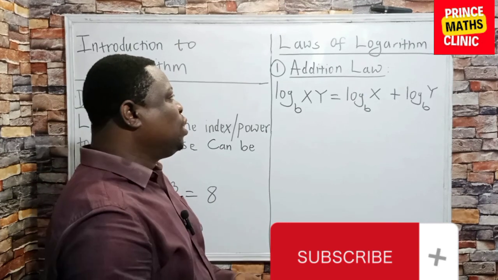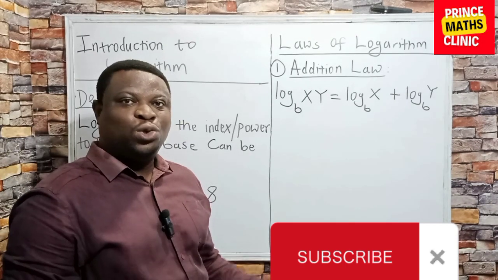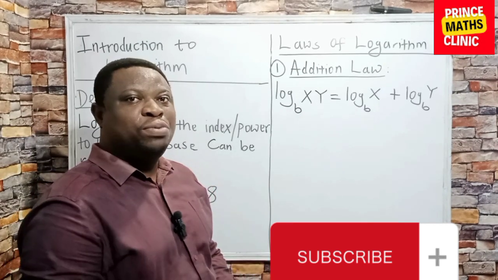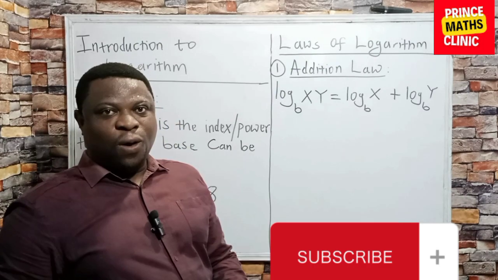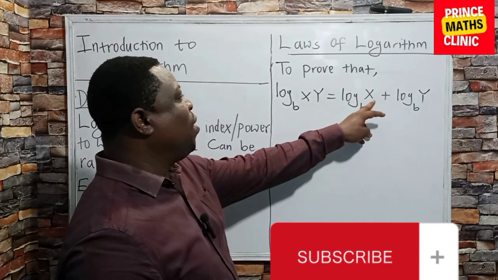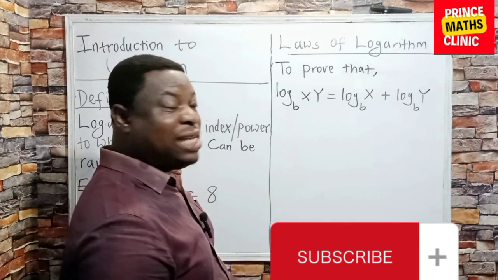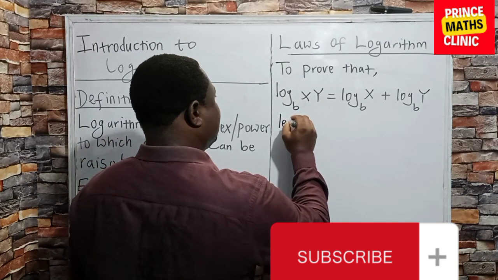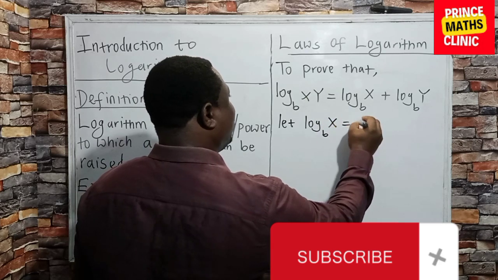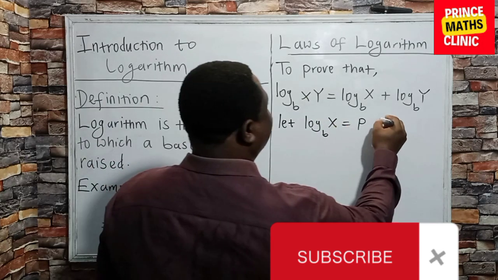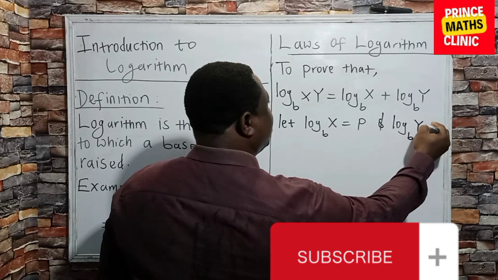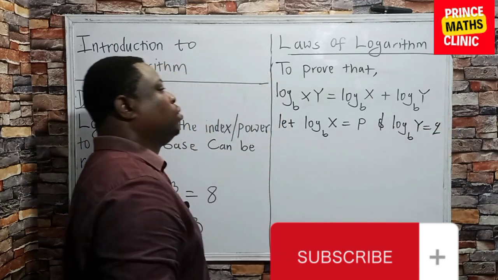And I want to prove this to you, to show you that this is actually correct. So let's go right into the proof of this law. The first thing we want to do is to assume that log x base b equals something. So let log x to base b equal p, and log y to base b be equal to q.